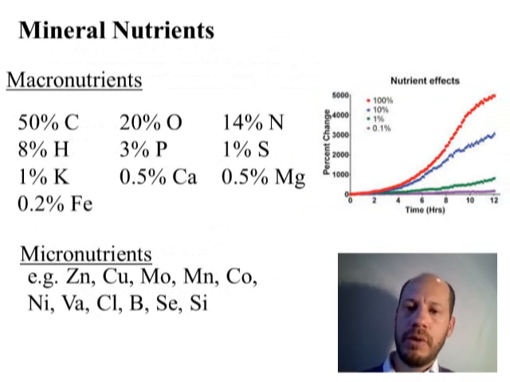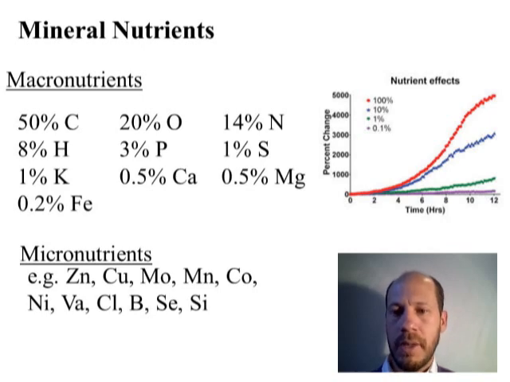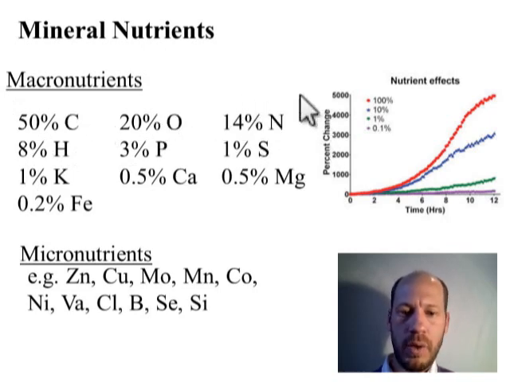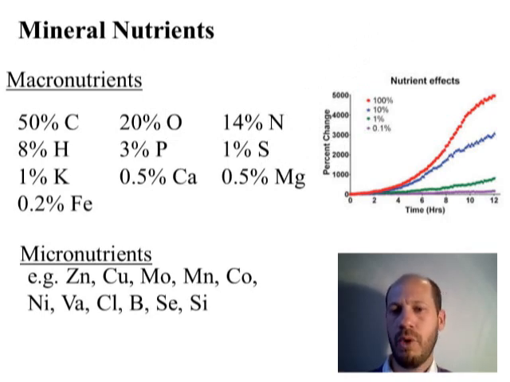So first of all, let's talk about nutrients. The macronutrients for microbial growth are carbon, oxygen, nitrogen, hydrogen, phosphorus, sulfur, potassium, calcium, magnesium, and iron. But we normally talk more about carbon and nitrogen specifically, and the carbon to nitrogen ratio is always something that we look after when we look at the nutrient relationship with microbial growth.